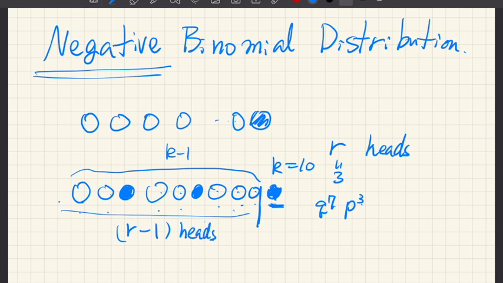So the number of such arrangements is k minus 1 choose r minus 1. The number of tails is k minus r. And this random variable is said to follow a negative binomial distribution.